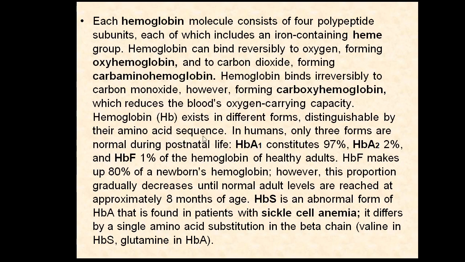Hemoglobin exists in different forms. An adult person has hemoglobin A, which constitutes 97% of the total count. That is 97% A1, 2% A2, and some other types.